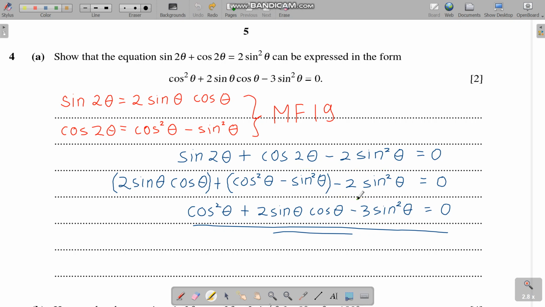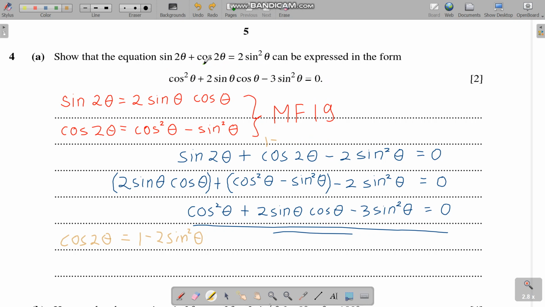In case you are wondering, why don't we use the other cos double angle formulas, such as 1 minus 2 sine squared theta, for example? If we replace with 1 minus 2 sine squared theta, of course we're not gonna get the equation we need to prove, so that's why.